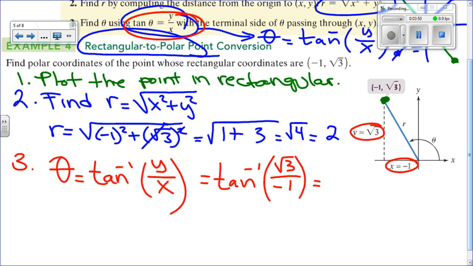So we're calculating the tangent inverse of the negative square root of 3, correct? Go ahead and put that on your calculator. Tangent inverse of negative square root of 3 gives -60.